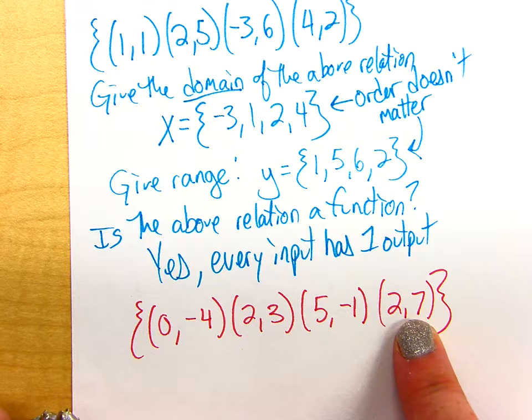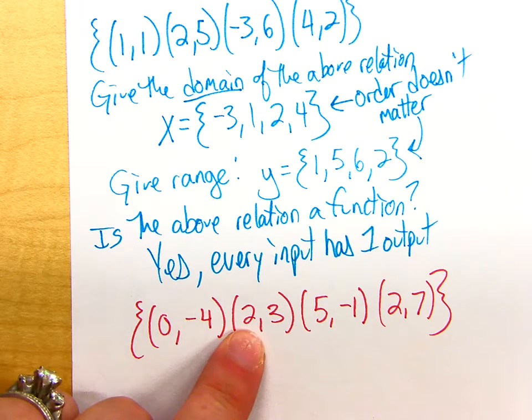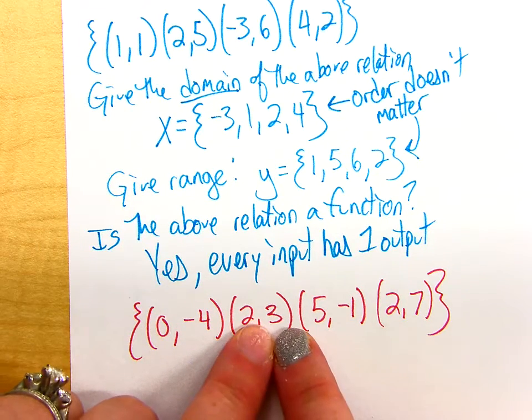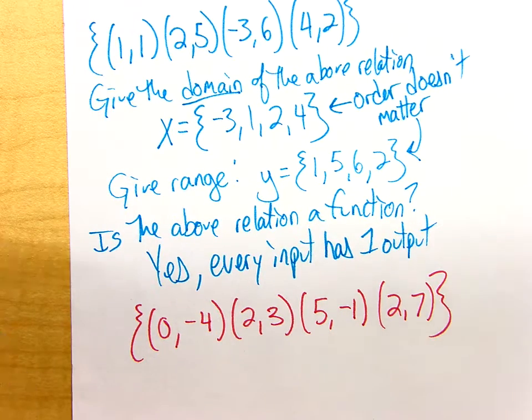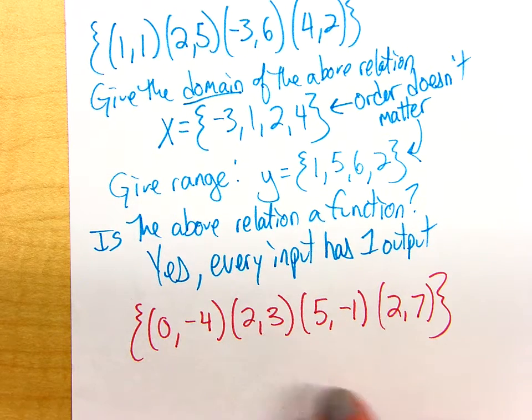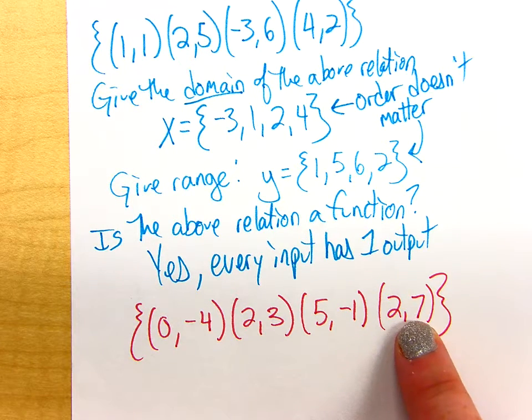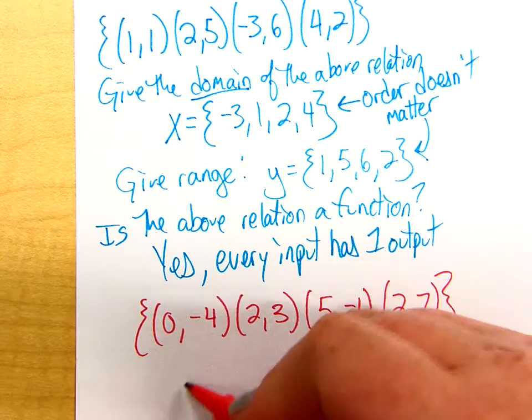You get what I'm saying? So if I ask Kristen how old she is, you didn't happen to just turn 15 in the last 2 minutes, did you? No. So if I ask Kristen how old she is, she spits out an answer. If I ask her again later on, she's got to spit out the same answer. You know what I'm saying? So here, I plugged in 2, it spat out a 3, but then I tried it again, now it spit out a 7. If that happens, this thing can't be a function. This is not a function.